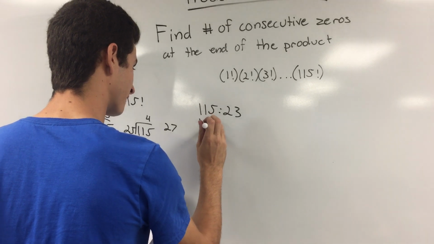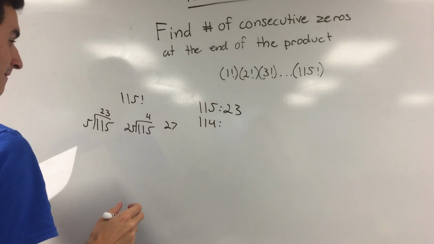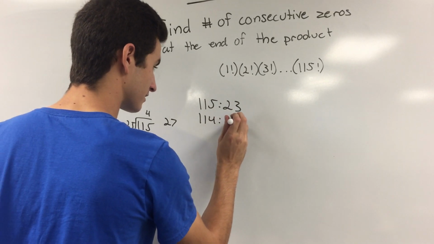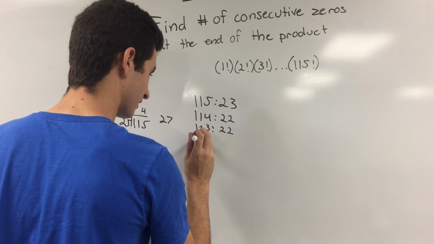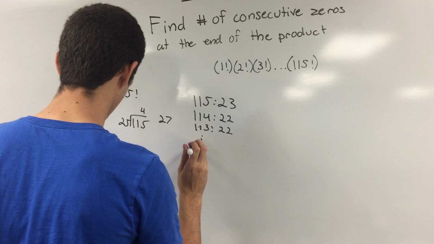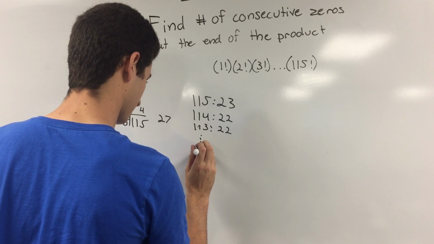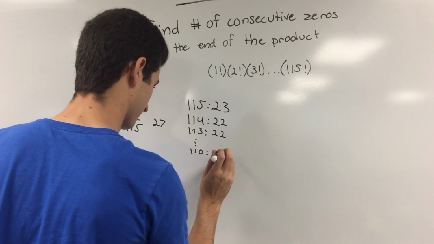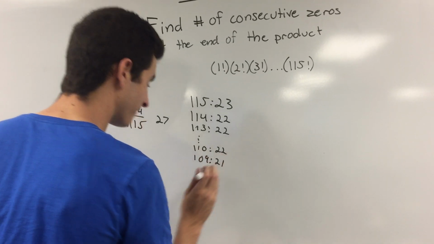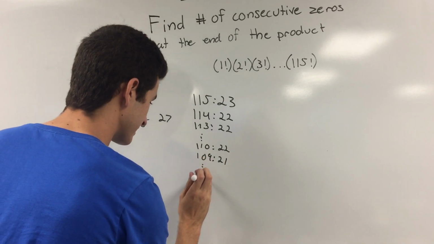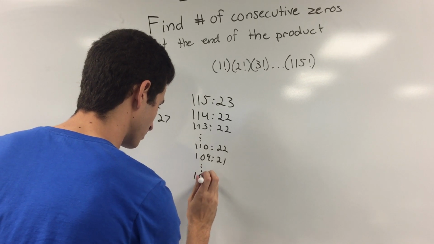And then if we look at 114, we know that 5 goes into that 22 times. Same thing with 113, all the way down to 110. And then 109, there's 21 5's. And that's going to be the same thing all the way down to 105.